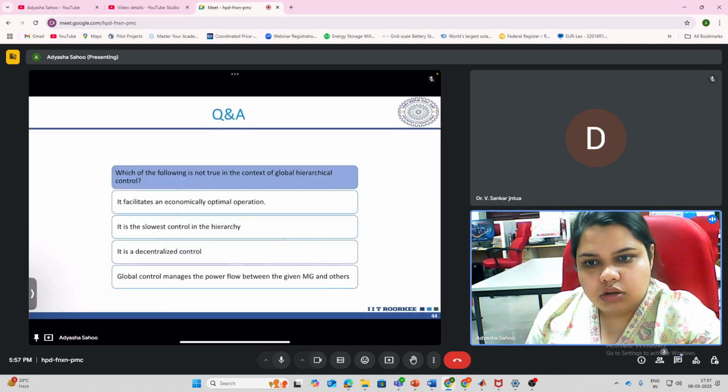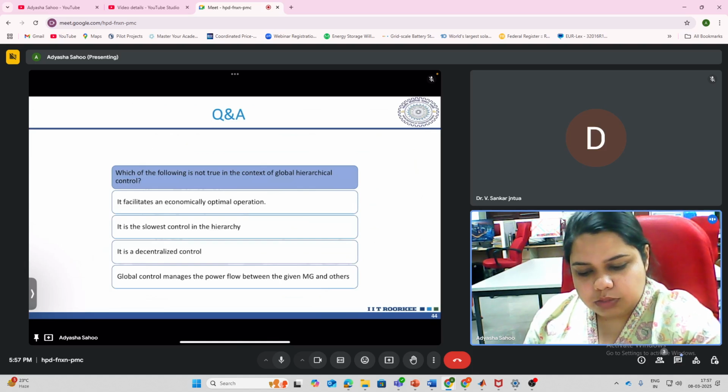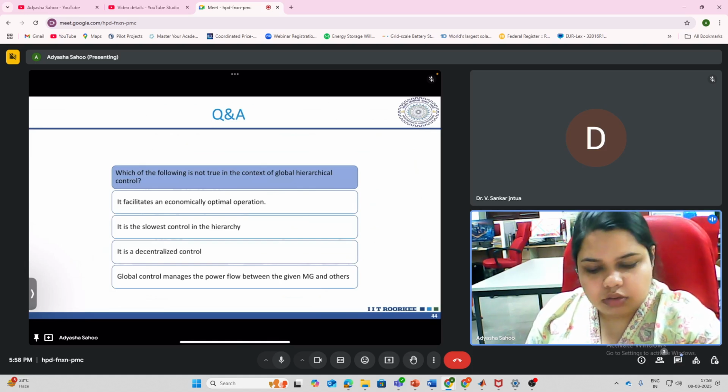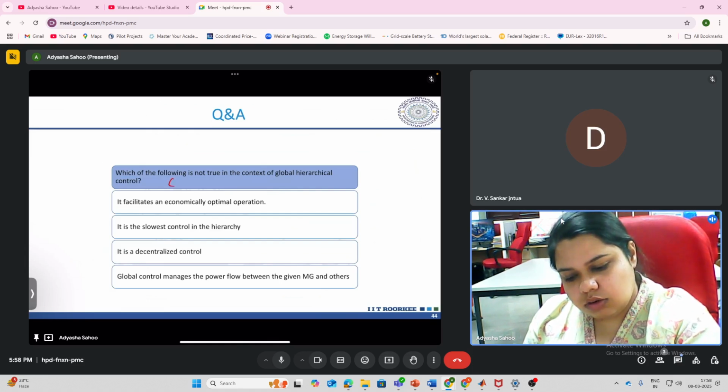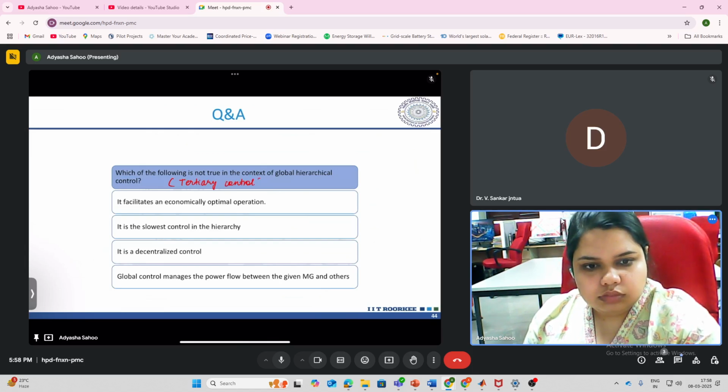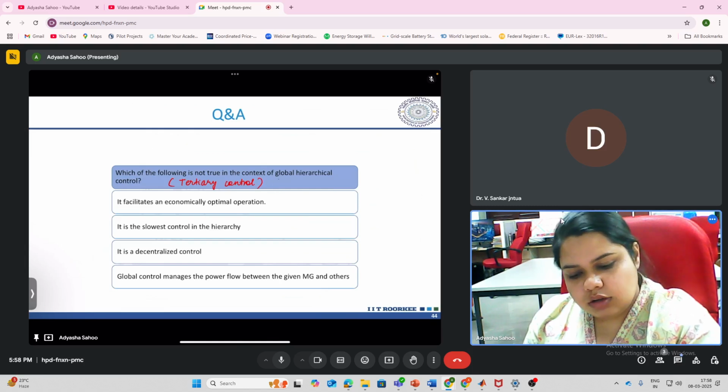Which of the following is not true in case of global hierarchical control? It facilitates an economical optimal operation; slowest control in hierarchy; it is decentralized control; global control manages power flow between microgrids and others. It is asking about your tertiary control, or the central controller.